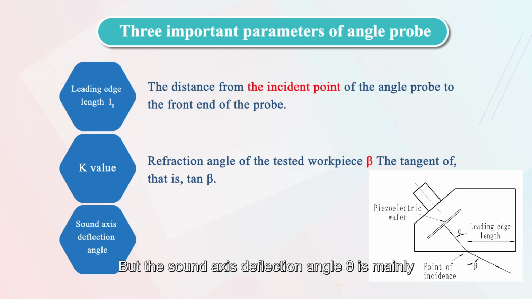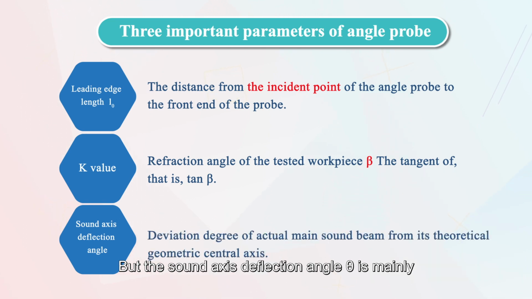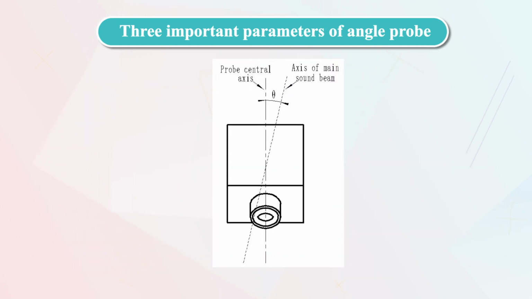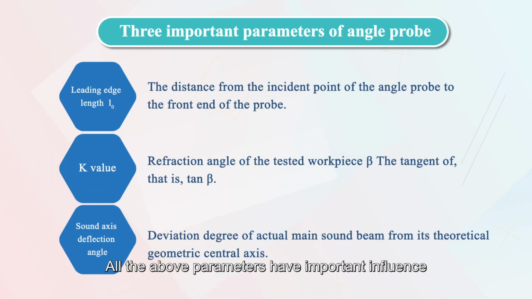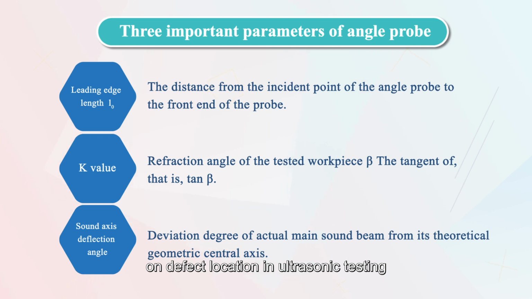The sound axis deflection angle zeta is mainly used to describe the deviation degree between the actual main sound beam of the probe and its theoretical geometric center axis, as shown in the figure. All the above parameters have an important influence on defect location in ultrasonic testing. Therefore, they need to be measured before ultrasonic testing.